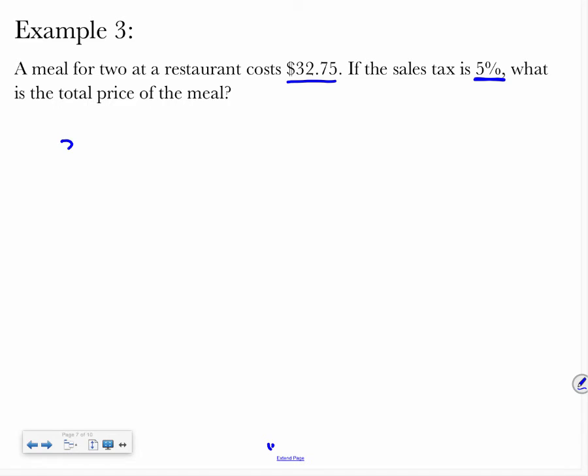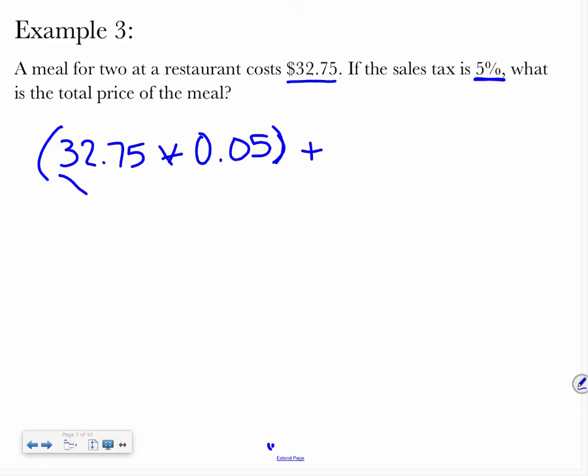You can do 32.75 times, and then remember percentages, you write as a decimal when you're working with them. So 5% is in the hundredths place, so 0.05. And then that's only going to represent the sales tax.